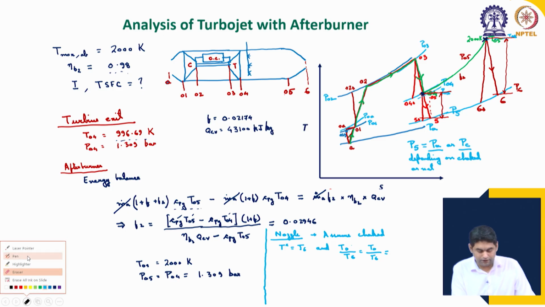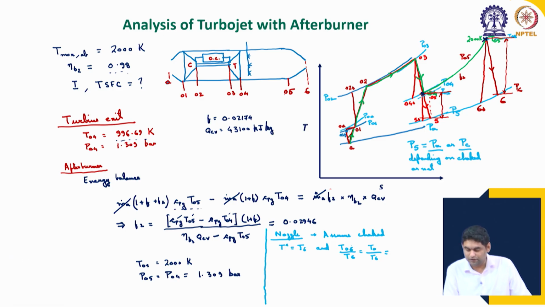We are relating the stagnation and static values, T06 by T6. Because T06 is equal to T05, as there cannot be any change in enthalpy in the nozzle, we can write this as T05 by T6. We know that T05 is 2000 Kelvin and T6 is unknown. At choked condition, this should be equal to gamma g plus 1 by 2, where gamma g is 1.333.